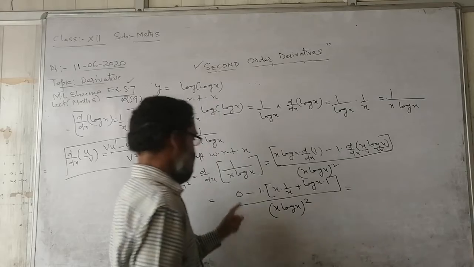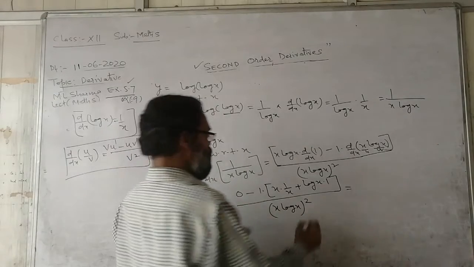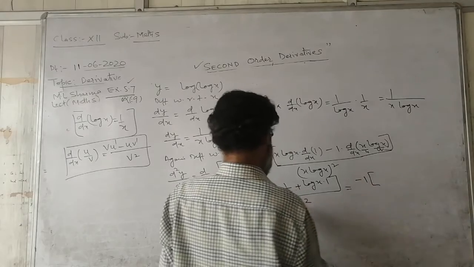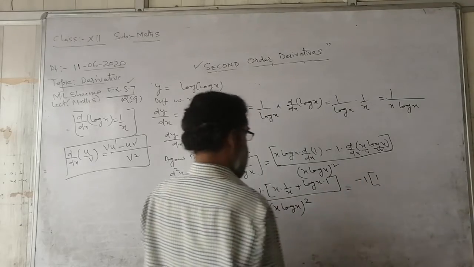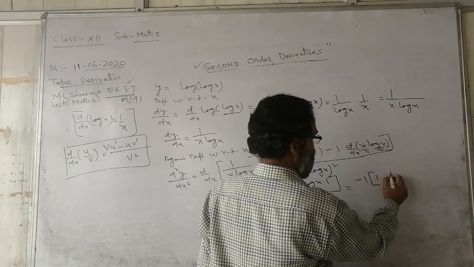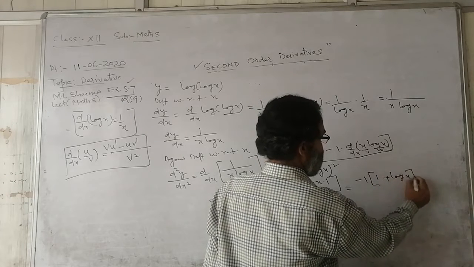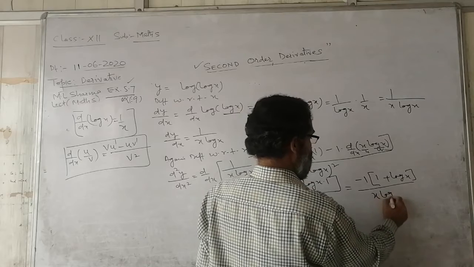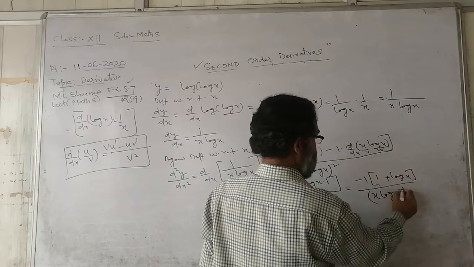So this will be 0 minus 1 plus log x, upon x log x its square.